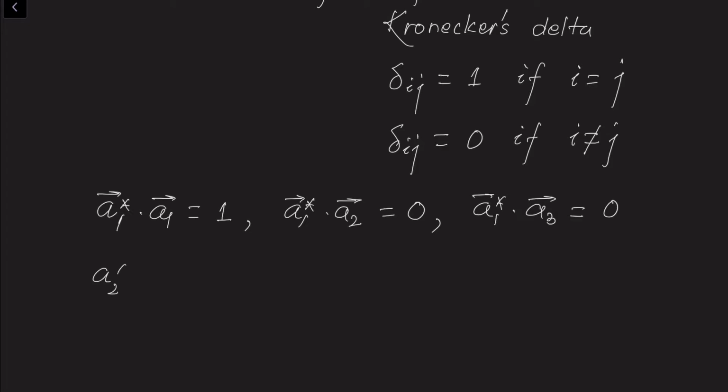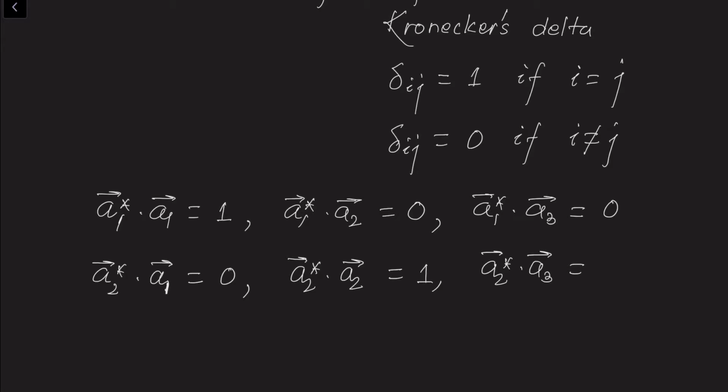I can write the second row involving A2 star as A2 star dot A1 is 0, A2 star dot A2 is equal to 1, A2 star dot A3 is equal to 0.